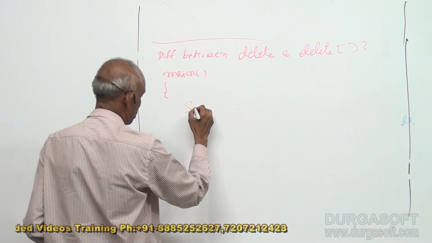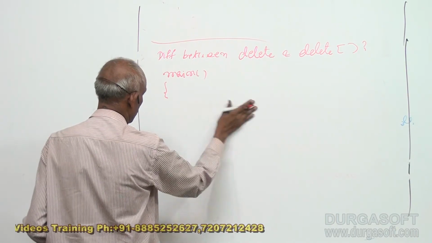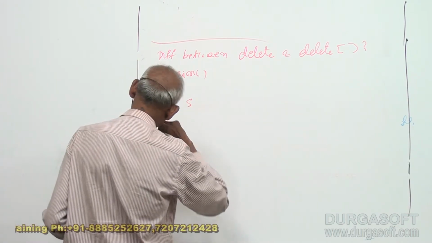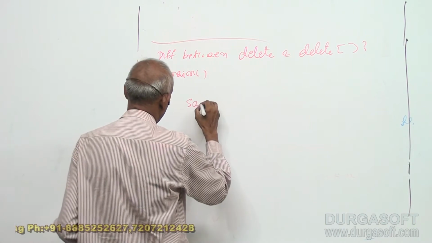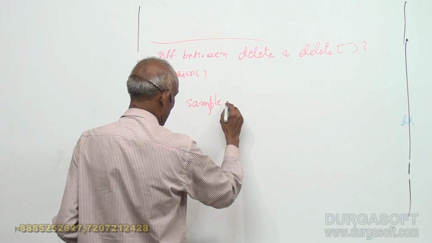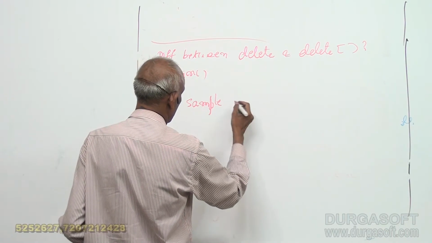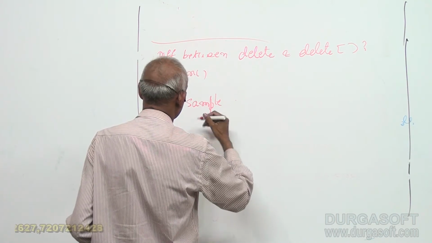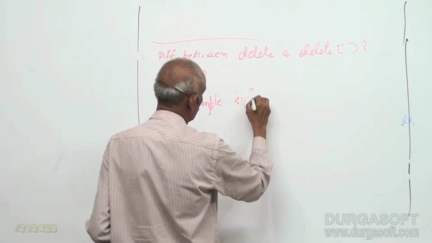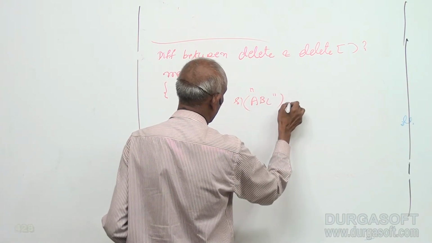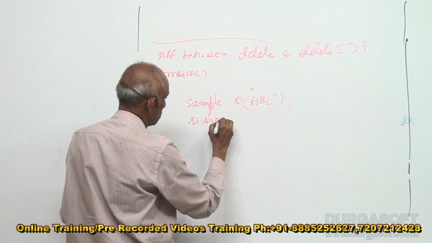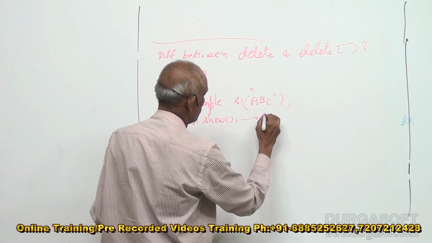I create a sample object, say S1, sample S1, I will give a string, suppose ABC. So this string is copied into the object. S1 dot show will display ABC.